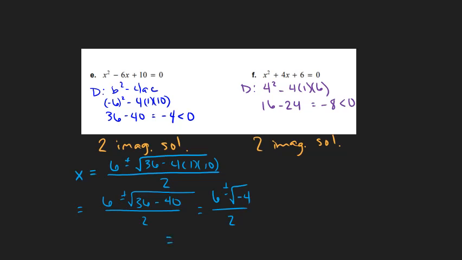So it makes sense that we're going to have two imaginary solutions. The answers will be 6 plus or minus 2i over 2. Now I do see that common factor with my whole numbers. So in that case, I'm going to reduce: 6 over 2 is 3, 2 over 2 is 1. So this would be my two imaginary solutions.